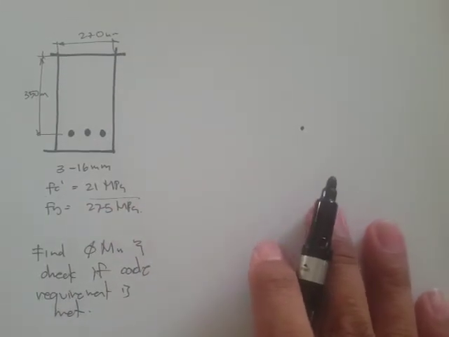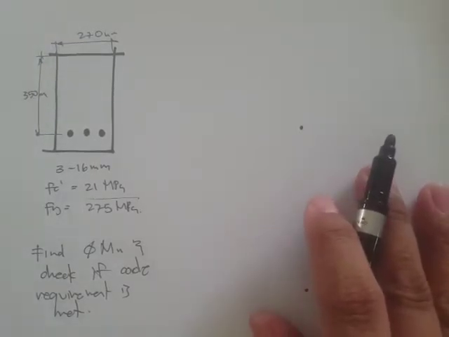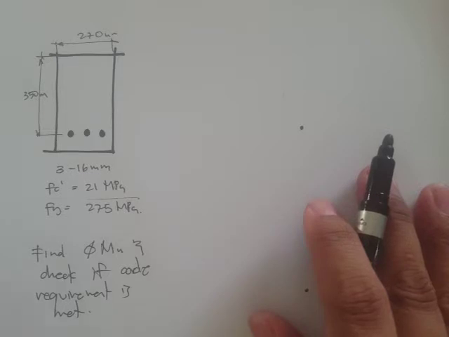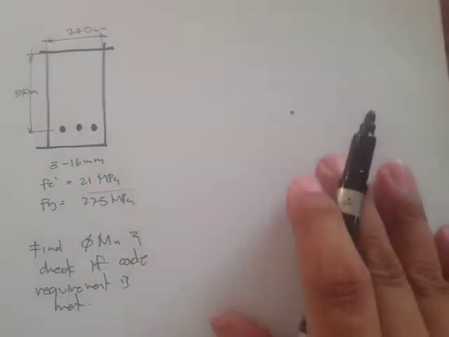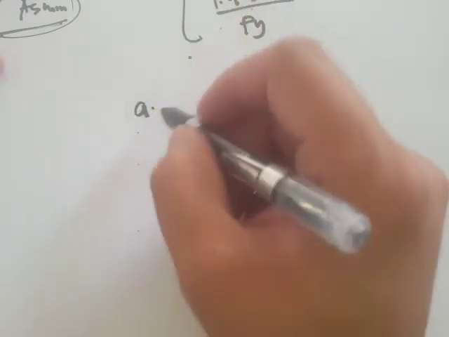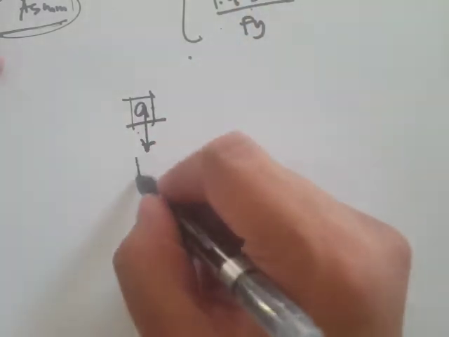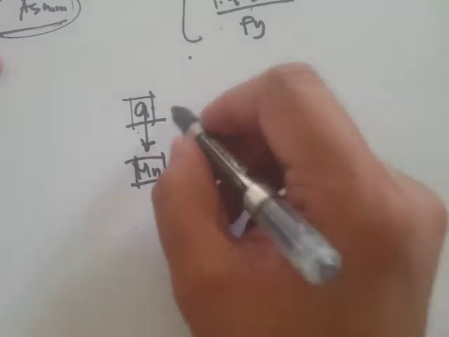Okay, so first, recall that the equations we need are the depth of stress block and then the nominal moment capacity, and after that we'll solve for the strain value to determine our reduction factor. So first what we need is the depth of stress block. Once we know this, we can solve for the nominal moment capacity.